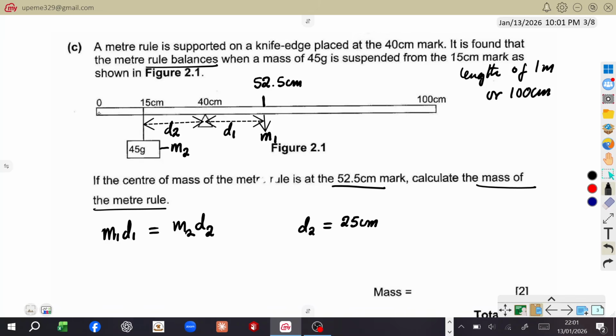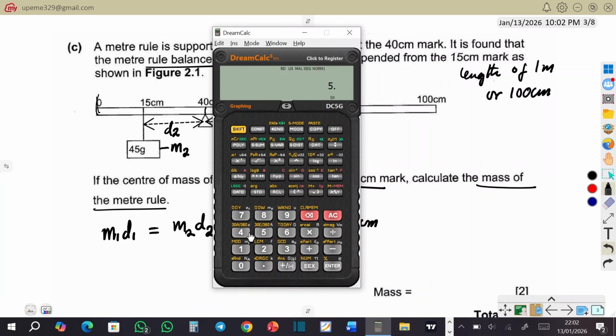It is simple. From here to here, it is 40. Then from here to there, it's 52.5. Then we'll remove the 40 from 52.5. So just say, okay, 52.5 minus 40. What is our answer?